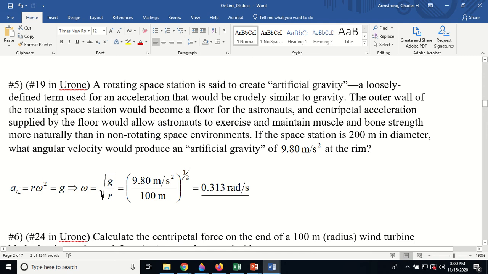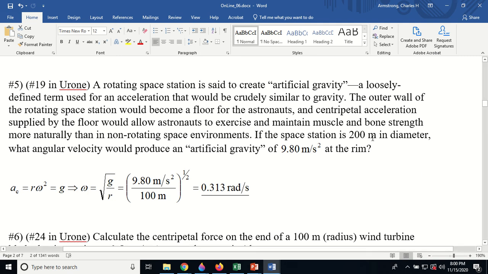But now what we want for our centripetal acceleration is g, 9.8 meters per second squared. So we solve for the angular velocity in terms of g. That's going to be equal to the square root, because the angular velocity is squared, of g, 9.8 meters per second squared, divided by 100 meters, because the diameter is 200 meters. We want the radius, 100 meters.